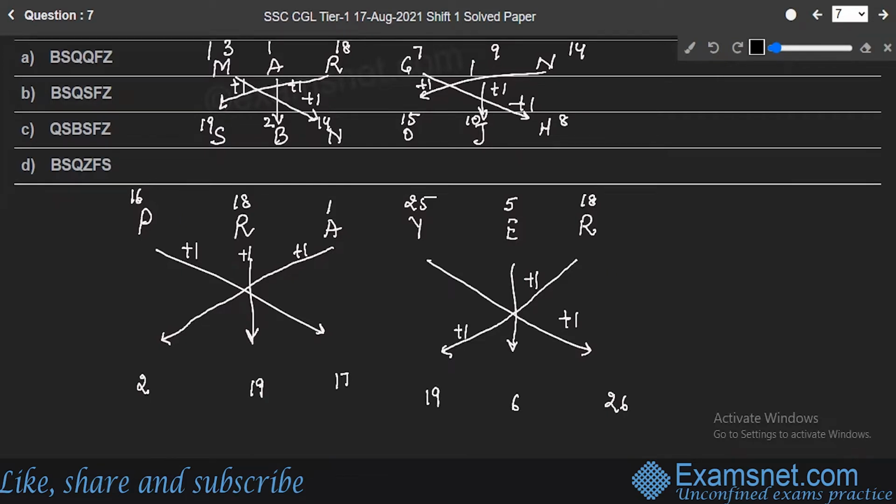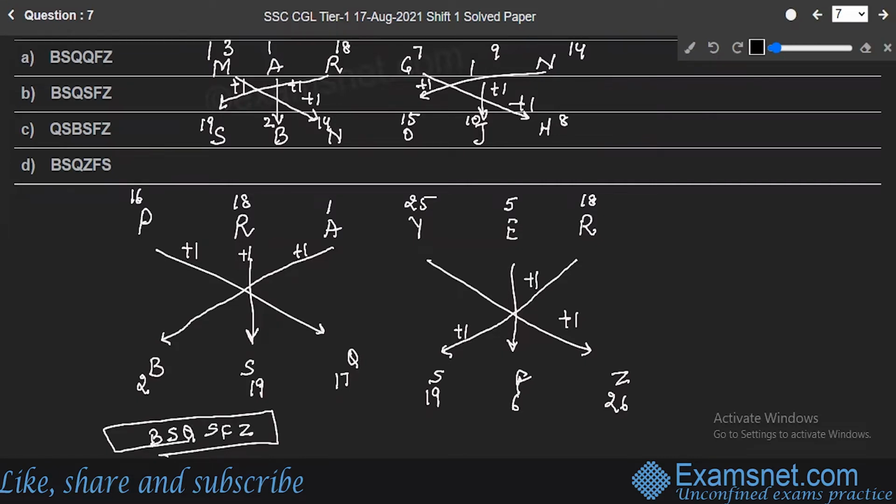So which alphabet is at position 2? It is B. 19 is occupied by S. 17 is occupied by Q. 19 is for S. 6 is for F, and 26 is alphabet Z. So the set of alphabets is B, S, Q, then S again, F, Z. Which is the correct option for this?